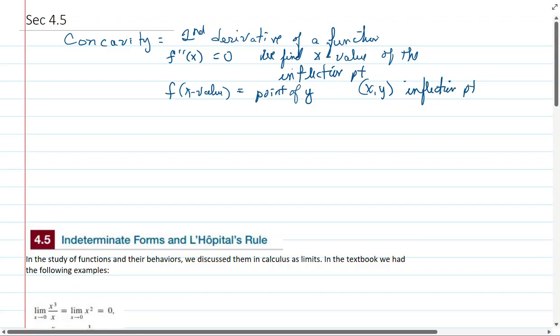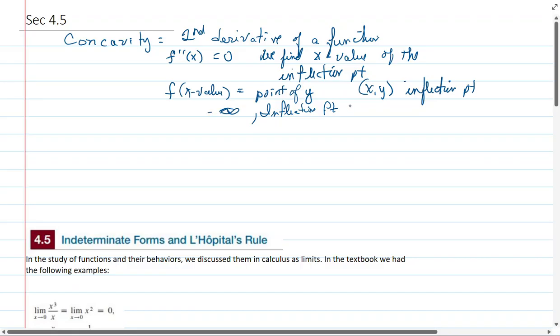Then we said we've been using tables for all of the min-maxes, and if we had this, we would have our inflection point separate. We're going to just say it's negative infinity.